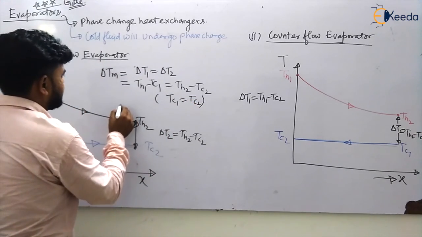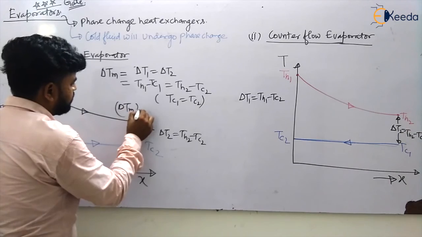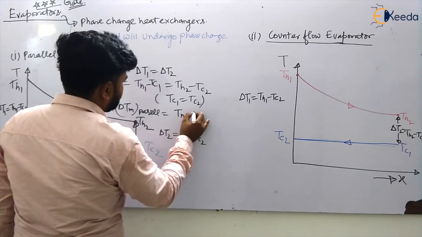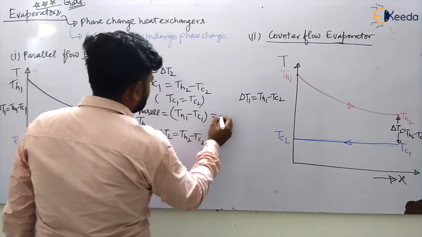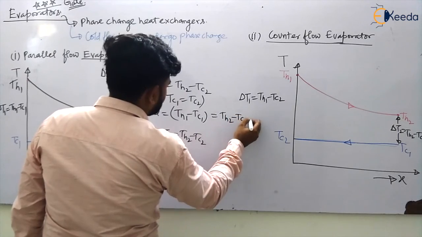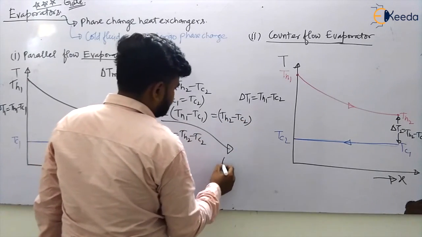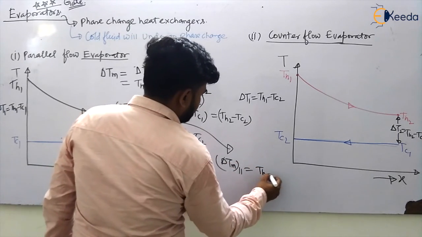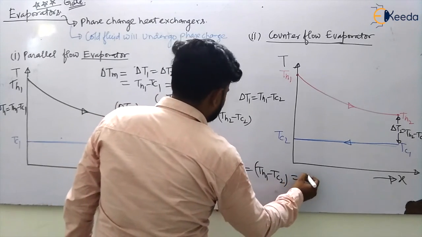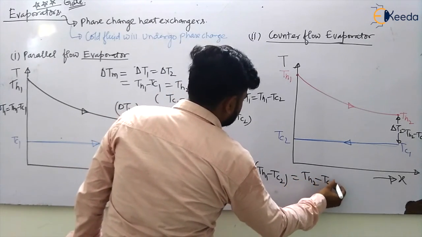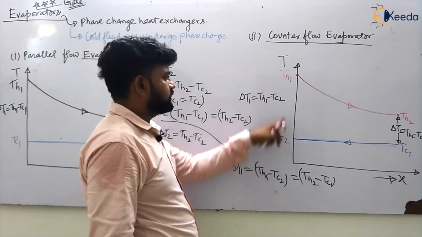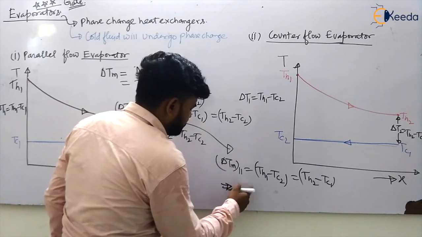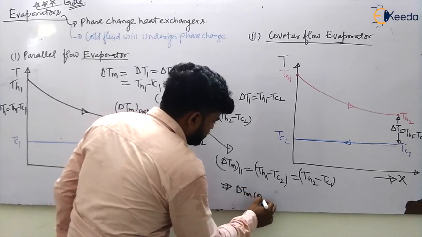So this is delta Tm parallel, equal to TH1 minus TC1 equal to TH2 minus TC2, or I can also write delta Tm parallel as TH1 minus TC2 equal to TH2 minus TC1. Yes or no? But what is TH1 minus TC2? This is TH1 minus TC2. This is TH2 minus TC1. So this will be your delta Tm counter.